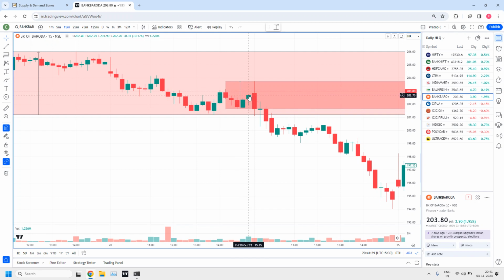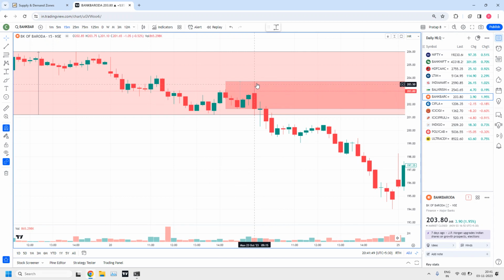So if that is the case, this is a base candle, this is a base candle, this is a base candle, this is a base candle, this is a base candle, this is a medium size candle, and because it has a body more than 75%, you can consider this as a rally candle. Rally and 1, 2, 3, 4, 5 base candles.